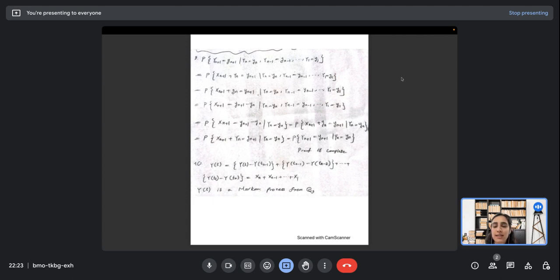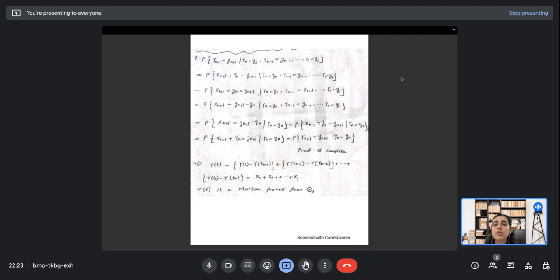As I told you, we will first write the probability of Y(n+1) equal to y(n+1) given all the previous states. And we know that Y(n+1) is equal to Yn plus X(n+1).